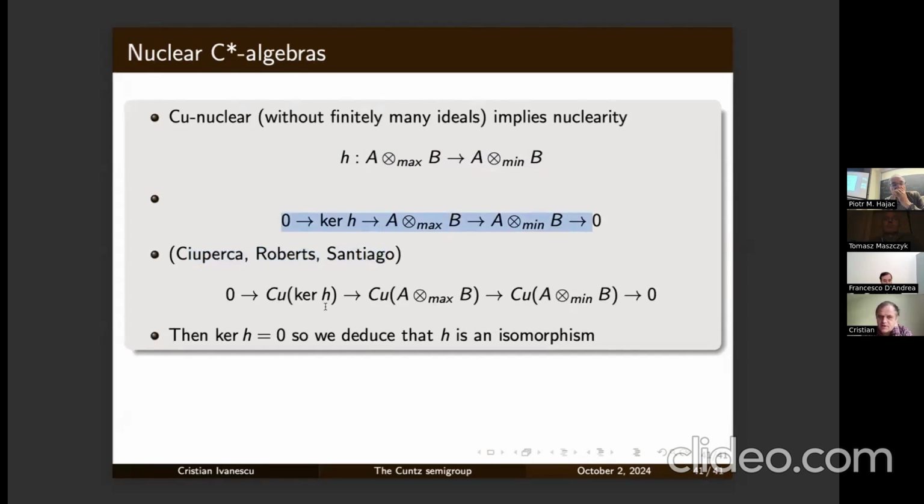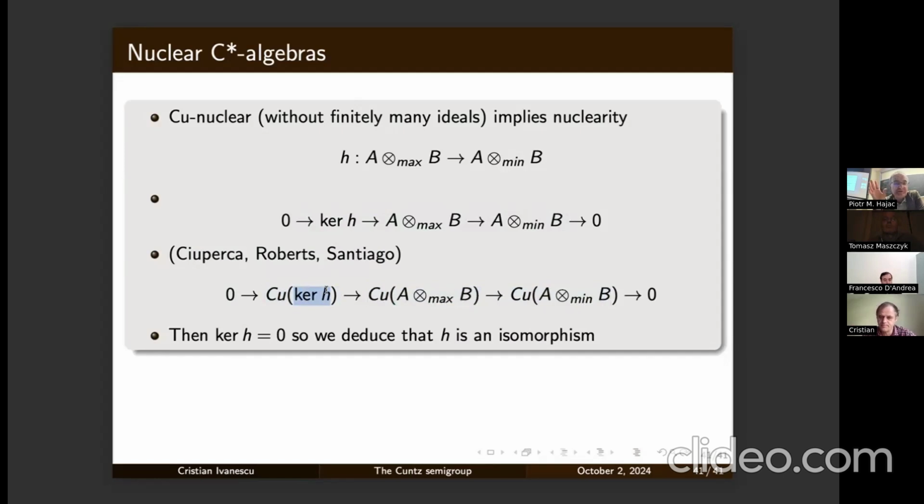That's why we have the Cuntz semigroup here. But now these two are assumed to be isomorphic, so that means this ideal has to be trivial. But that's only possible if the actual algebra is trivial, because if I have a non-zero element in the algebra, then the Cuntz semigroup is going to be non-trivial.